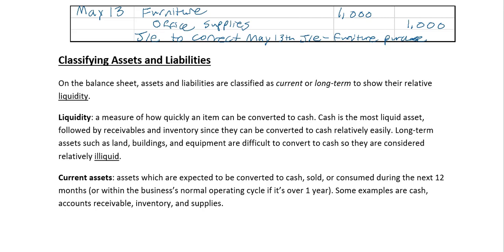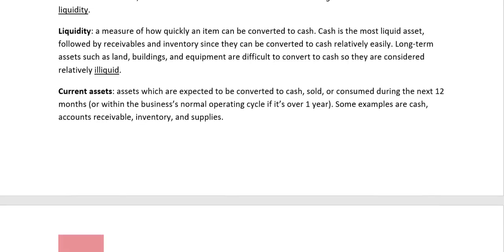Some examples of current assets are of course cash, accounts receivable, inventory, and supplies. Those are things you can reasonably expect a business to either collect, use, or sell within the next year.